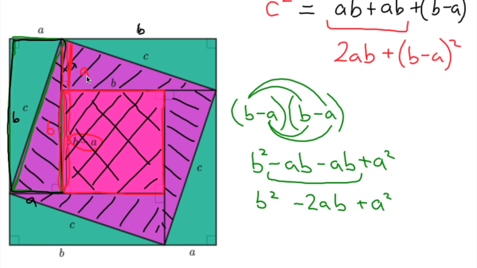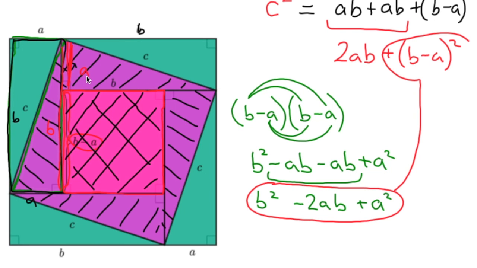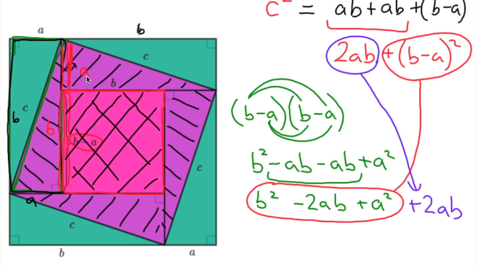Let's bring all that together, so that what we've just done here is this part here. So we have to add on that 2ab at the end. Let's add on this 2ab at the end, and that, of course, is equal to c squared. Let's bring that down as well and start cleaning it up.